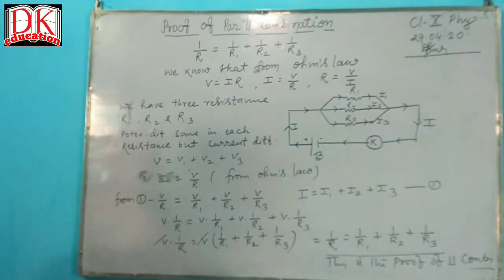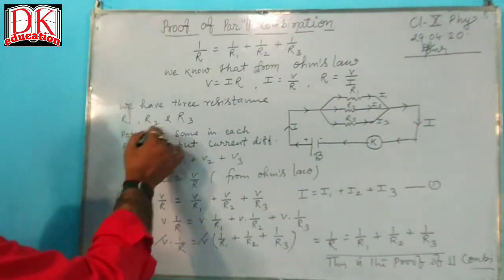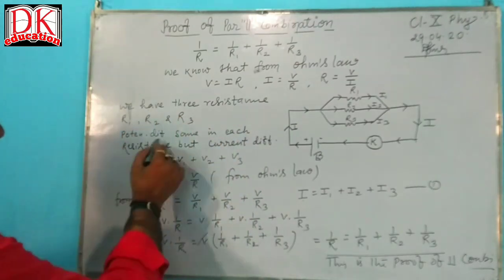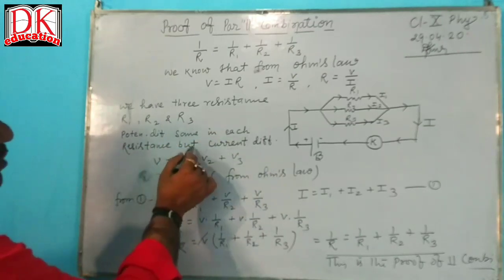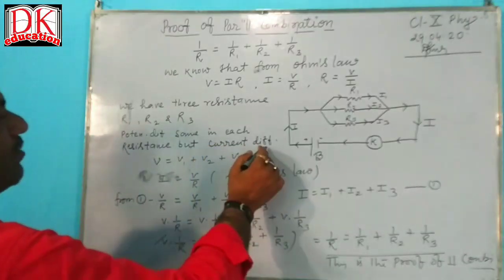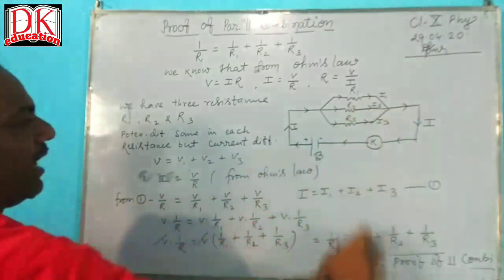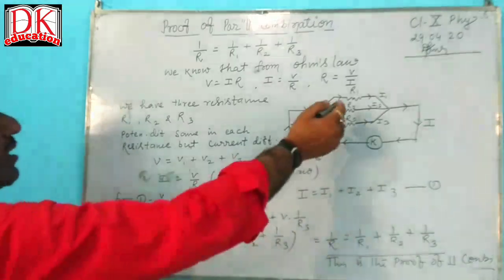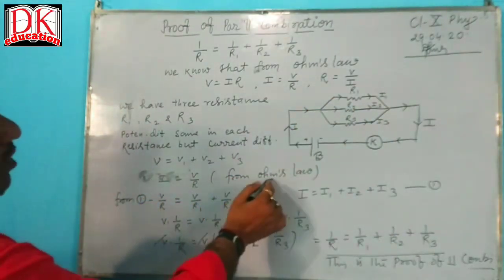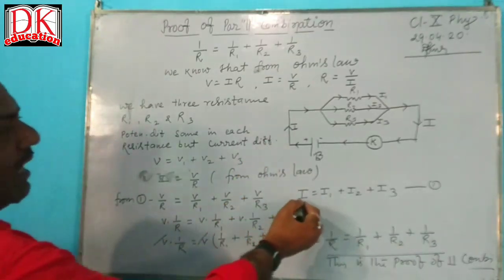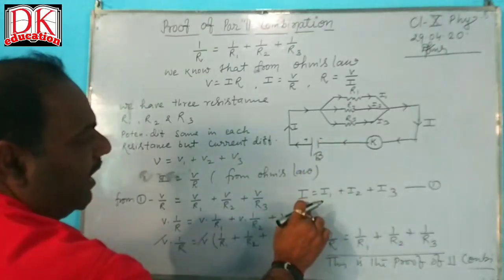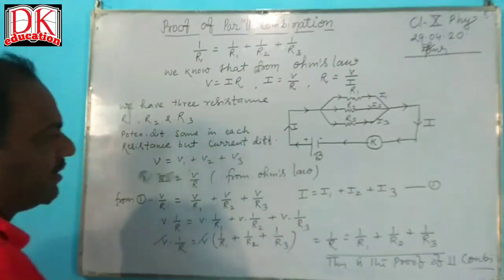For this explanation we have three resistors, R1, R2 and R3. The potential difference is the same in each resistance, but the current is different: I1, I2 and I3 through R1, R2 and R3. From Ohm's law, I is equal to V upon R. From the figure, I is equal to I1 plus I2 plus I3.